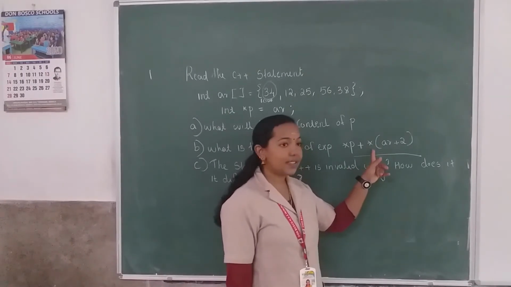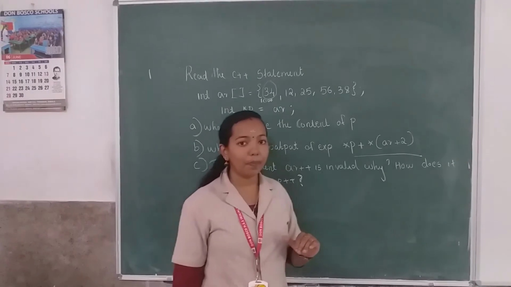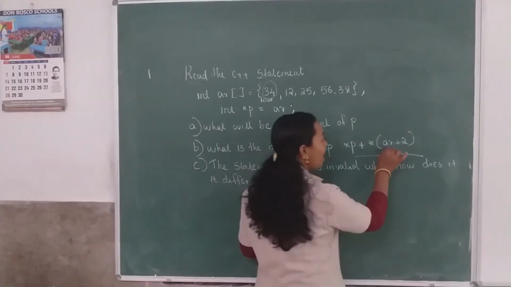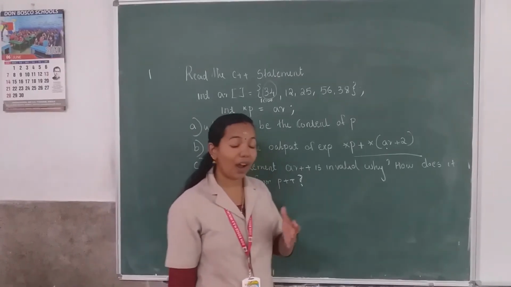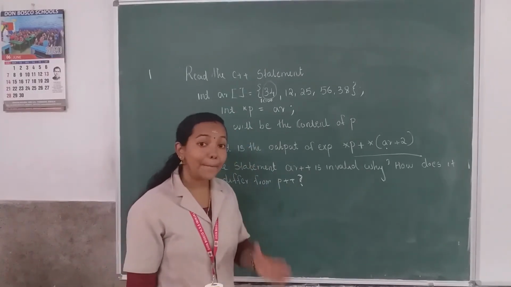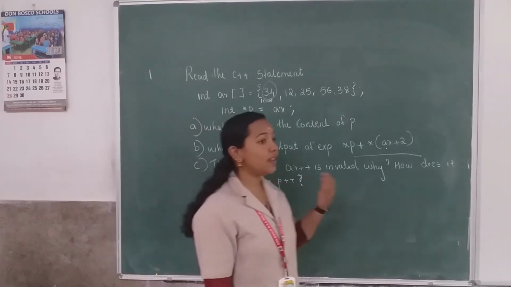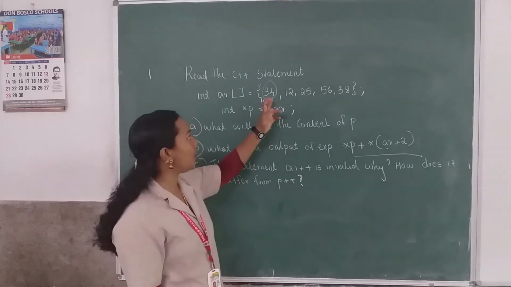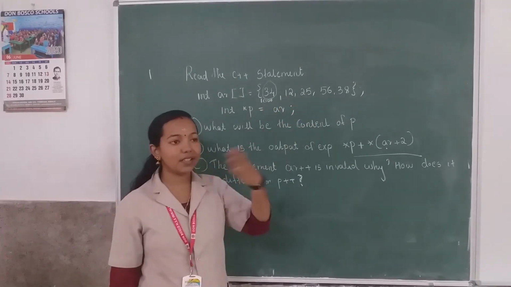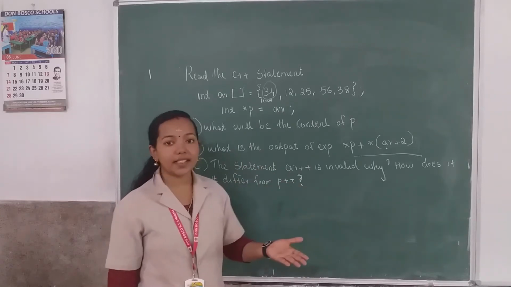Next line, *(AR + 2). So here AR + 2 means AR is now considered as the base address, since the array name also represents the base address. Let us assume 1000. 1000 plus 2 means it is pointing to the next location, incrementing by 2 means two integer locations forward.